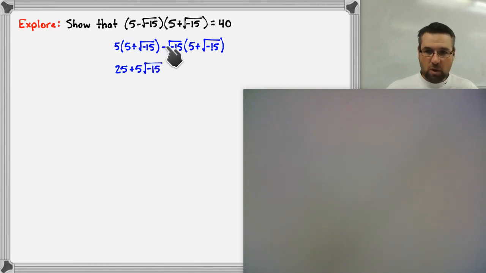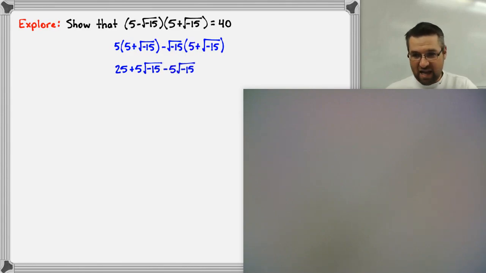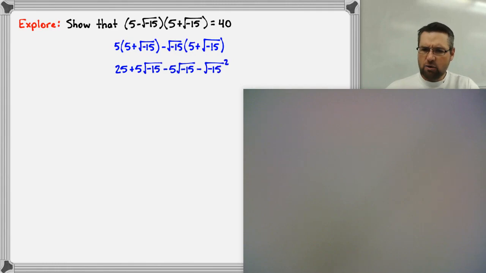And then in the next one, negative rad negative 15 times 5. Well, the 5 is outside, so that's going to go in the front. So we end up with negative 5 times radical negative 15. And then this part is a little tricky. Negative radical negative 15 times radical negative 15 can be rewritten as negative radical negative 15 squared.